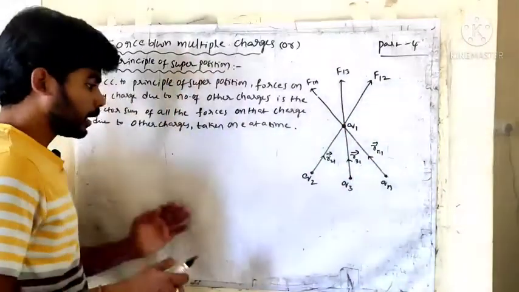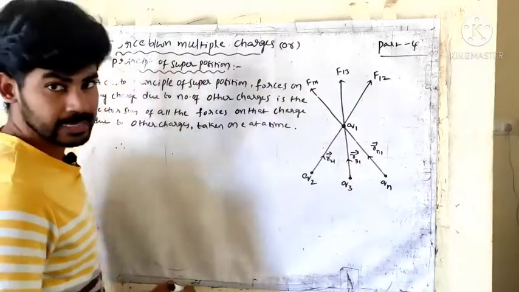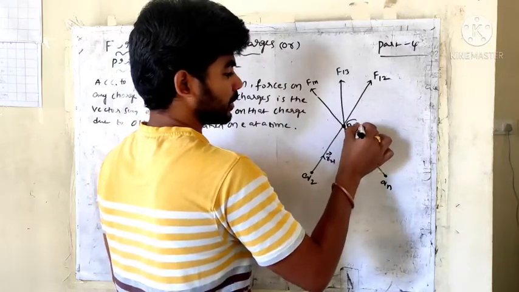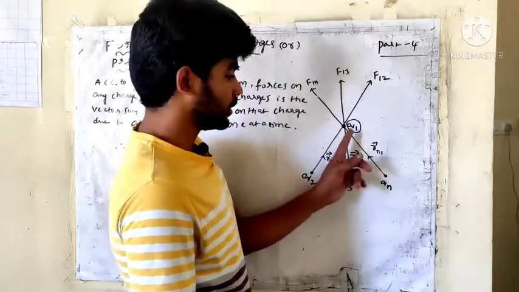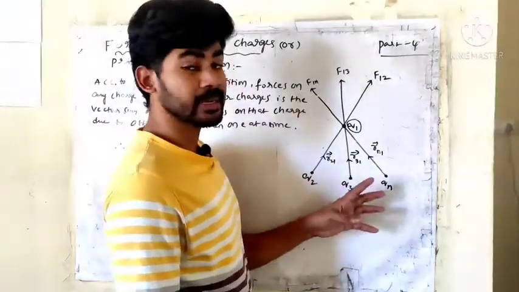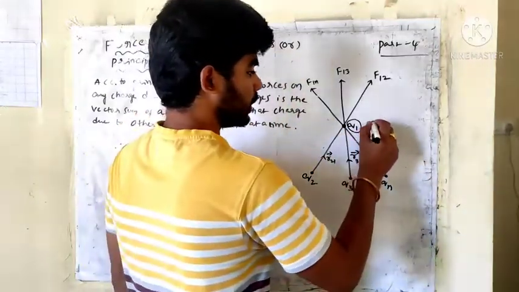So according to the principle of superposition, how can we calculate the net force? We calculate the net force on the q1 point charge. How many forces are applying on q1? N number of charged particles are applying forces.